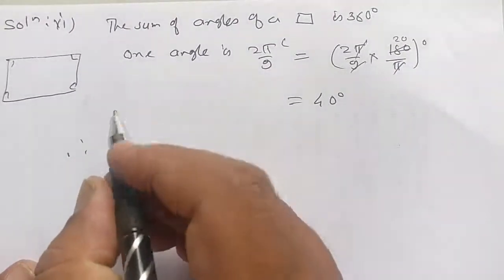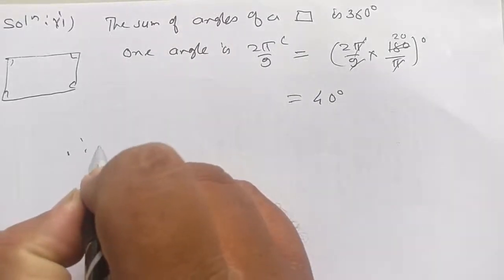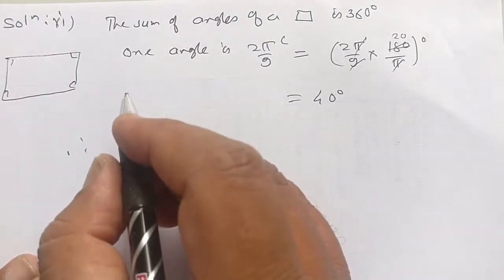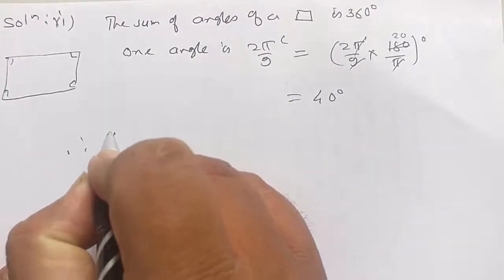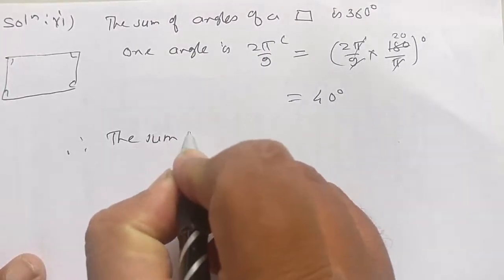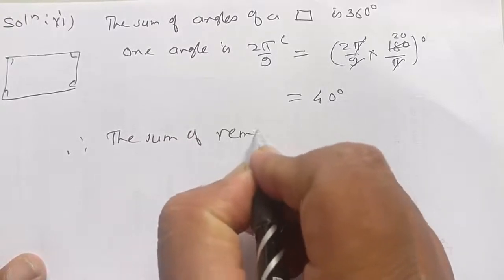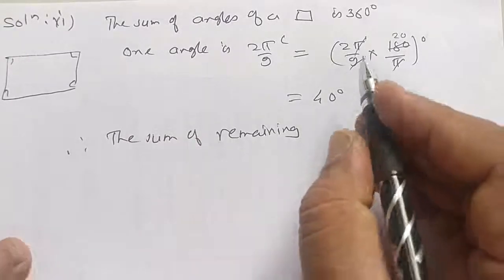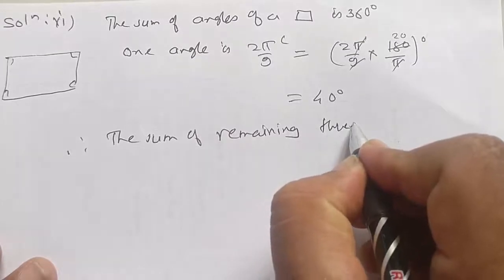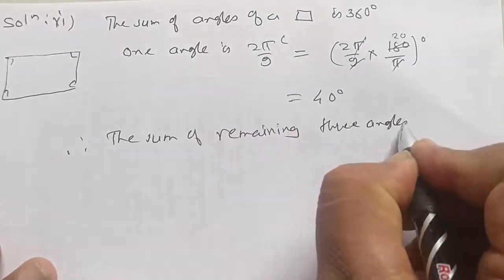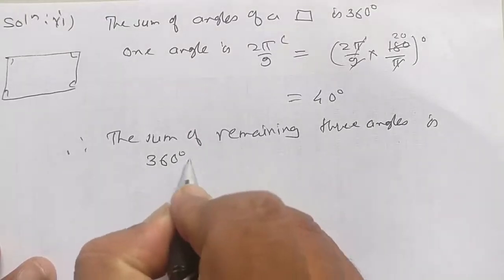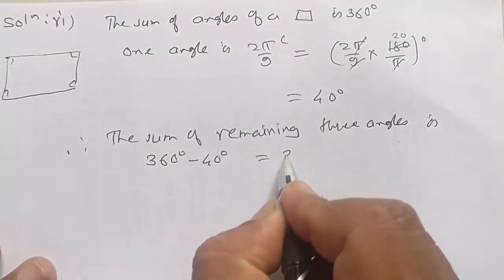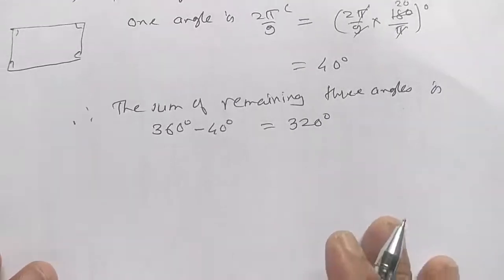Therefore, the sum of the remaining three angles in degree is 360 minus 40 degree, it is 320 degree.